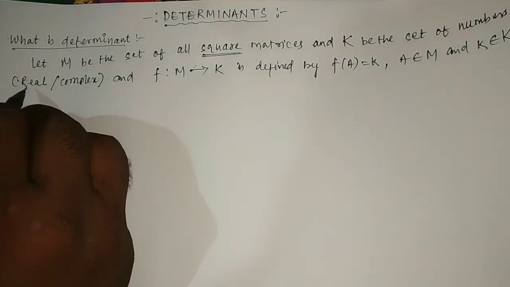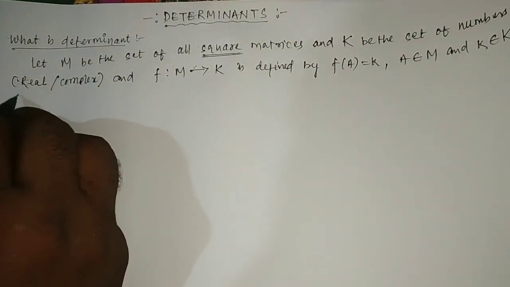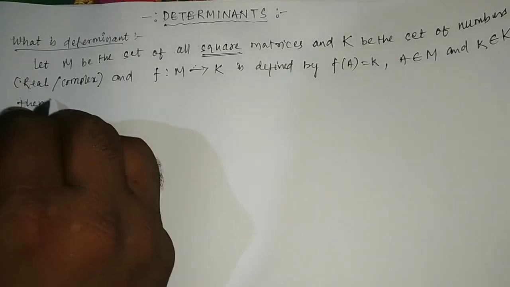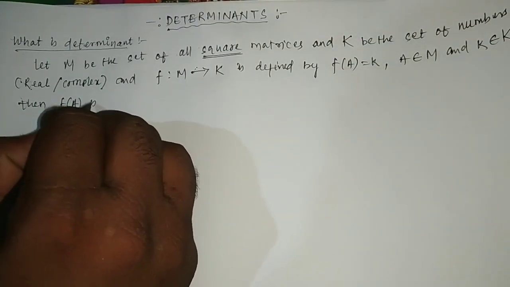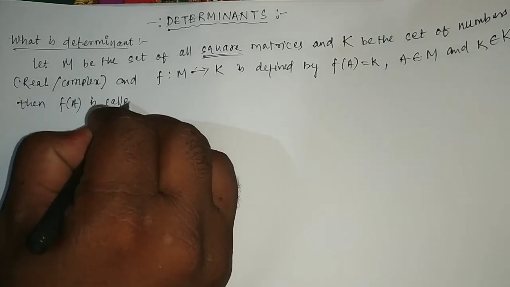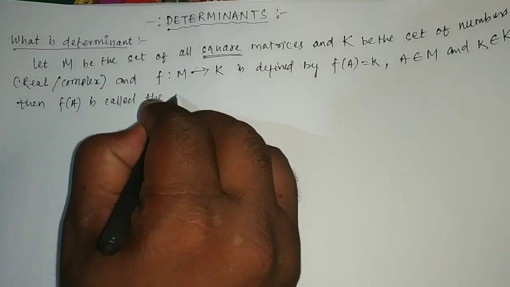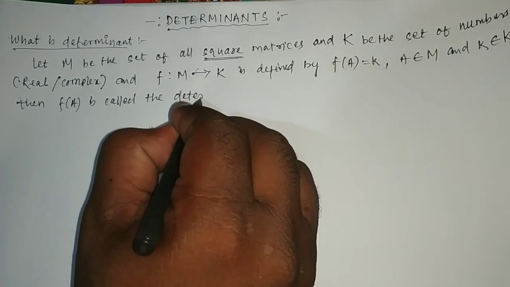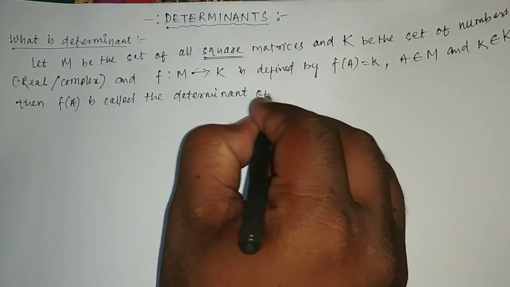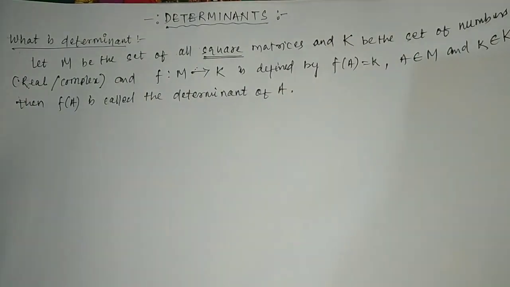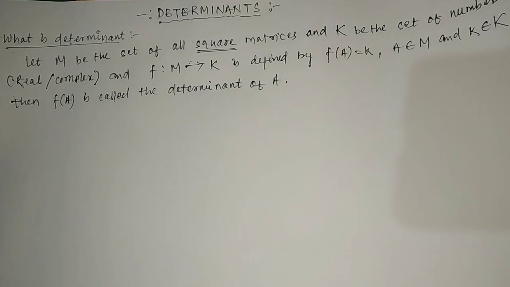Then F of A, that means the output, is called the determinant of A. That means every square matrix can be associated with a unique number which can be evaluated.